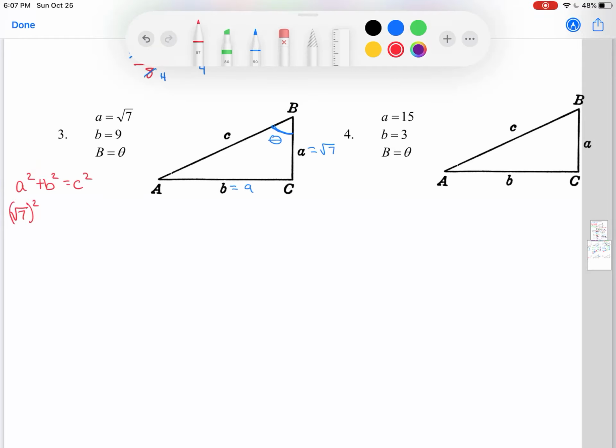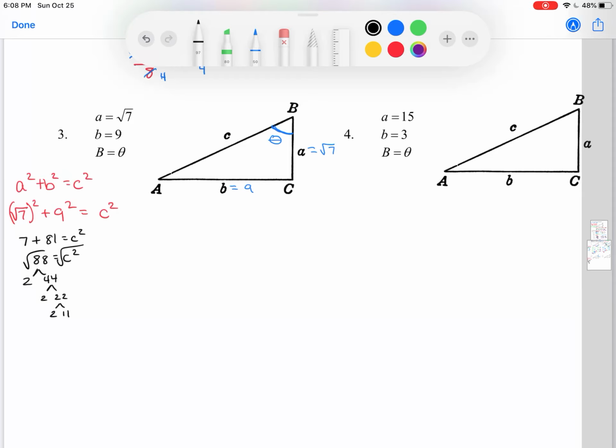Do our Pythagorean theorem first. A squared plus b squared equals c squared. I don't know c, that's why I'm going to the straight Pythagorean theorem here. Square root of 7 squared plus 9 squared equals c squared. So I get 7 plus 81 equals c squared.